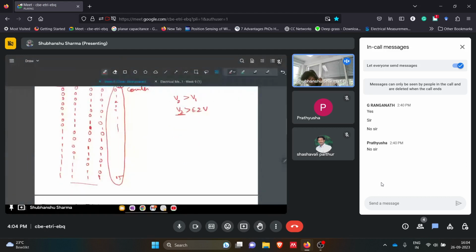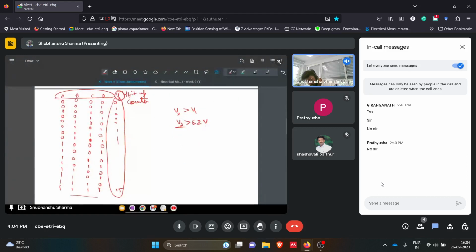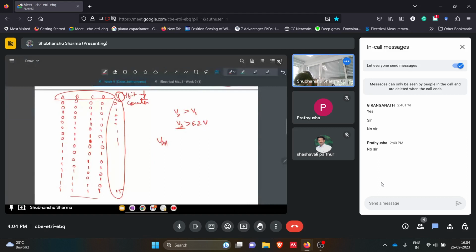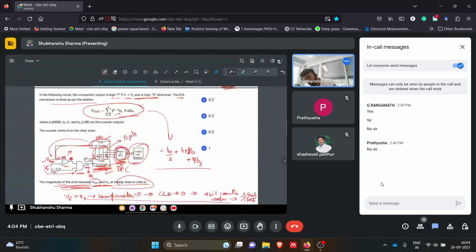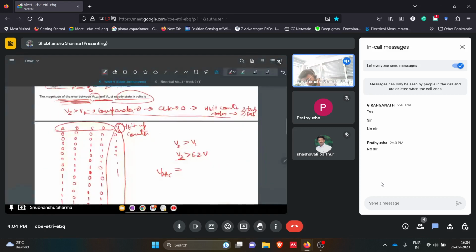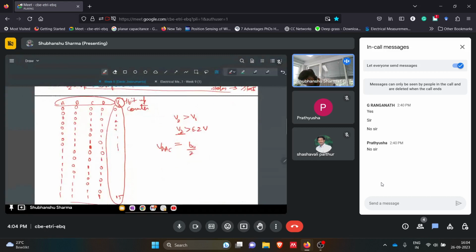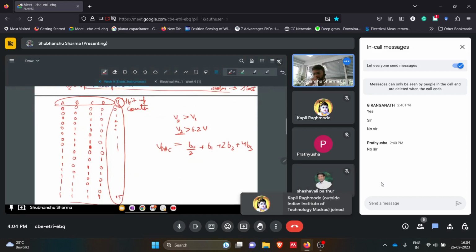So V2 is greater than 6.2 volts. At what particular moment will we get this V2? We know the VDAC output is decided by this equation: B0 by 2 plus B1 plus 2B2 plus 4B3.